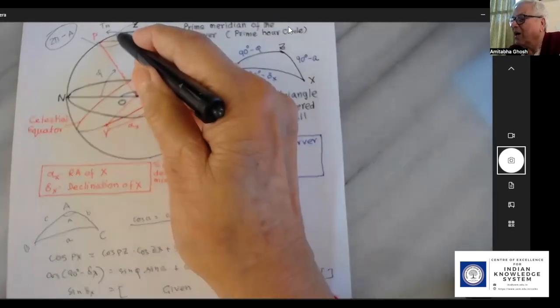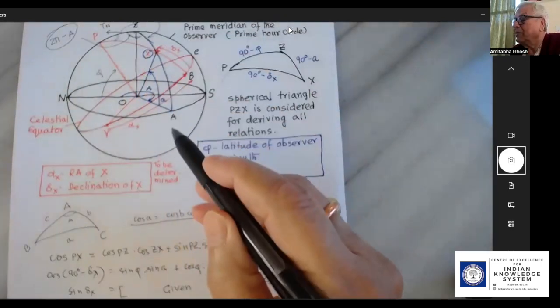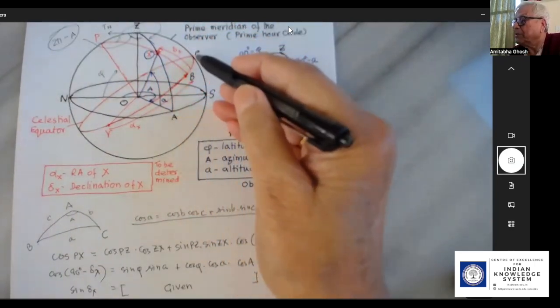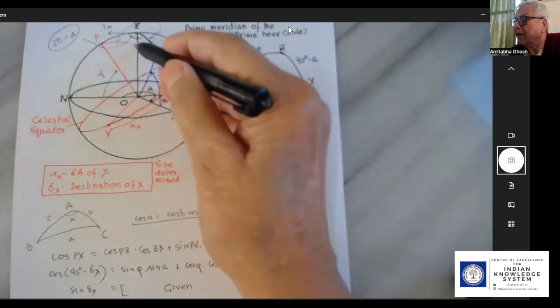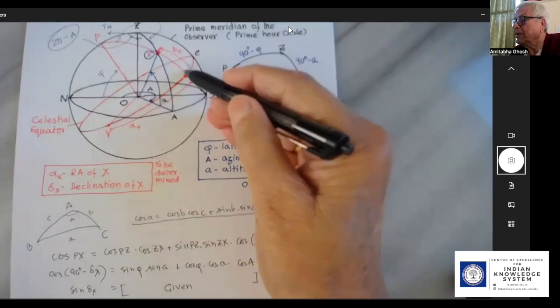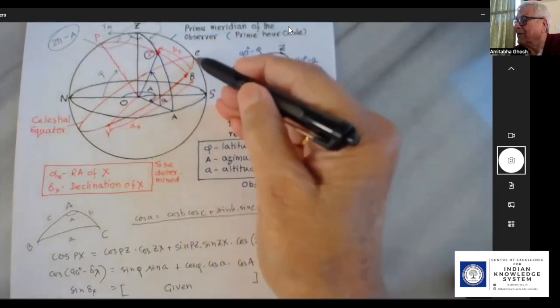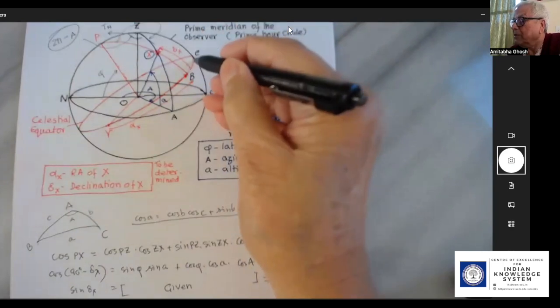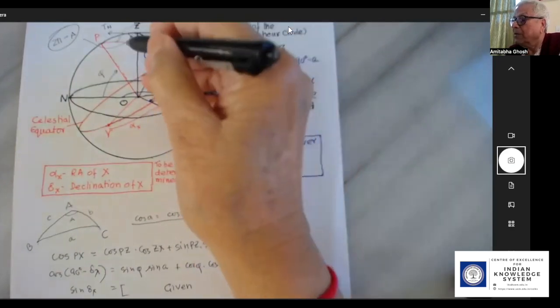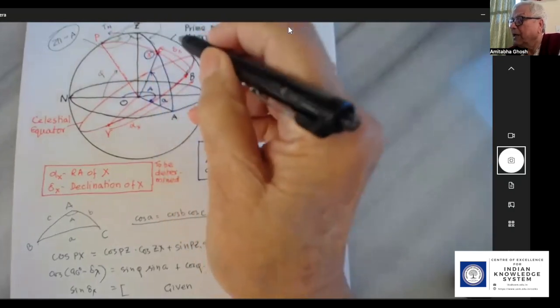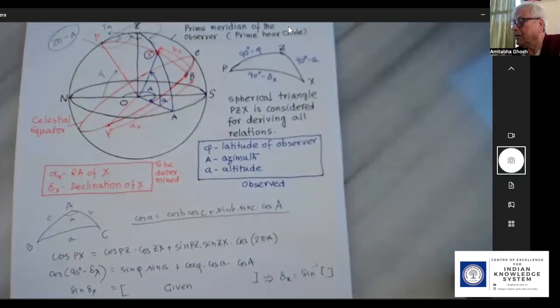You can see this angle is nothing but the angle rotated from this great circle to this great circle, isn't it? This great circle to this. So it has rotated this much. This angle is that, this tangent and this tangent, their angle is this. And this is what? This is nothing but the hour angle.